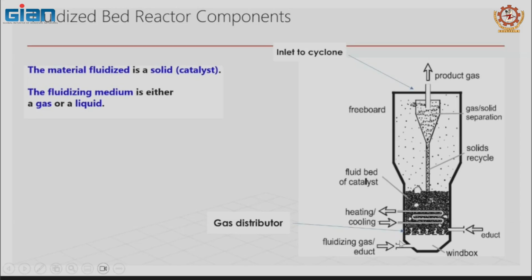From the figure we can see that the bed materials are there, usually the packing, which may be an inert material or the solids which are to be reacted, or catalyst particles may also be present here, and the fluid which is supplied may be air or the reacting gas supplied from the bottom.